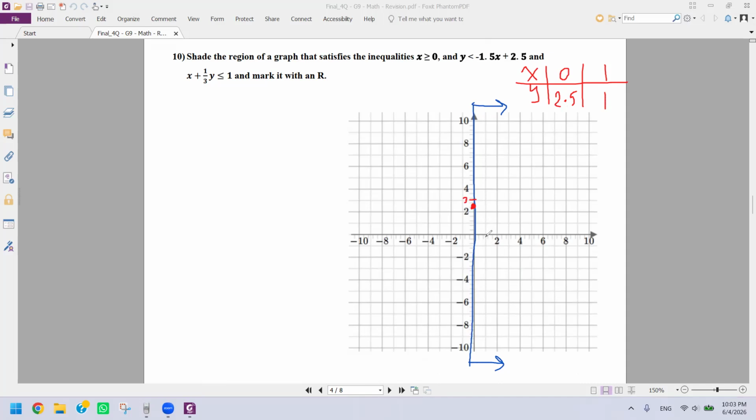Next point, x is 1, y is 1. Do I have an equal sign? No, so this line is dashed. Let me make it dashed.